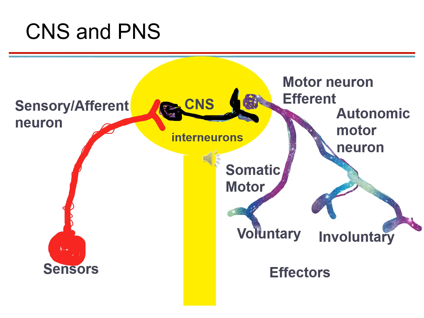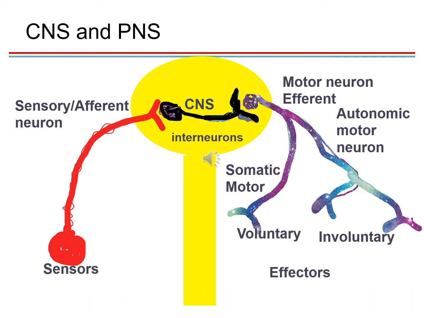When it's in the central nervous system, it communicates through the nerve impulse with the interneuron. The interneuron has the function to decode and analyze the information, and based on this information, send the action that needs to take place.